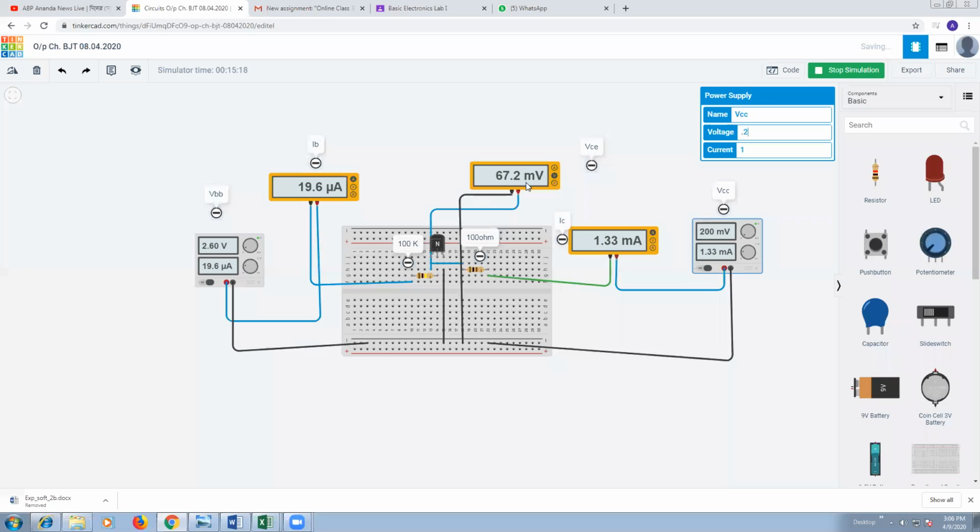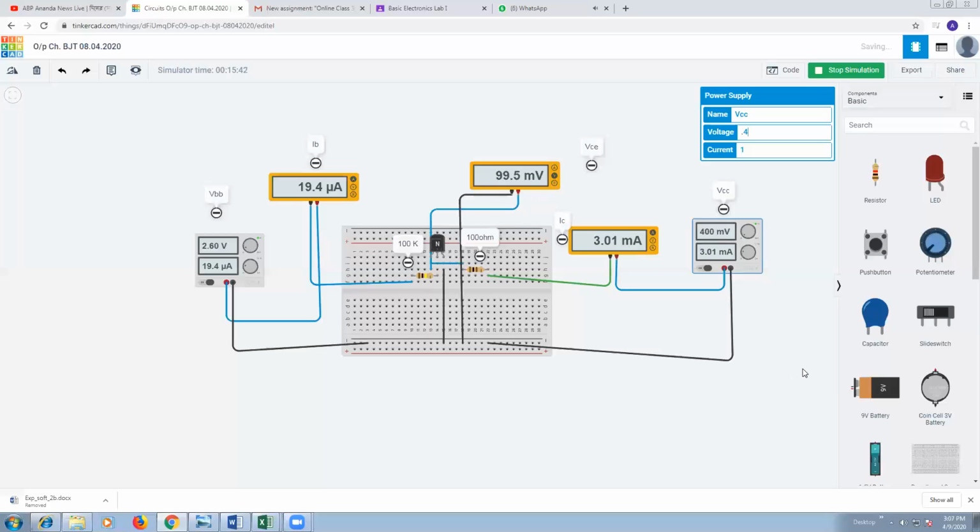This millivolt we can convert into volt. Then again I keep VCC 0.4, and the corresponding IC is 3.01 milliampere and VCE is 99.5 millivolt.